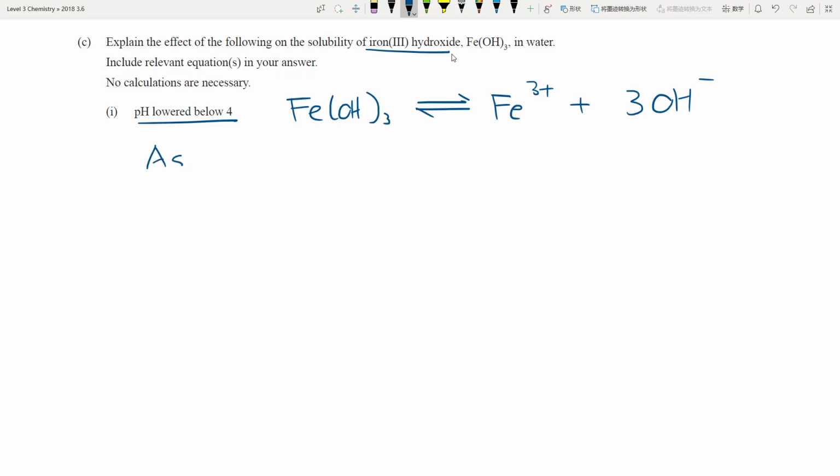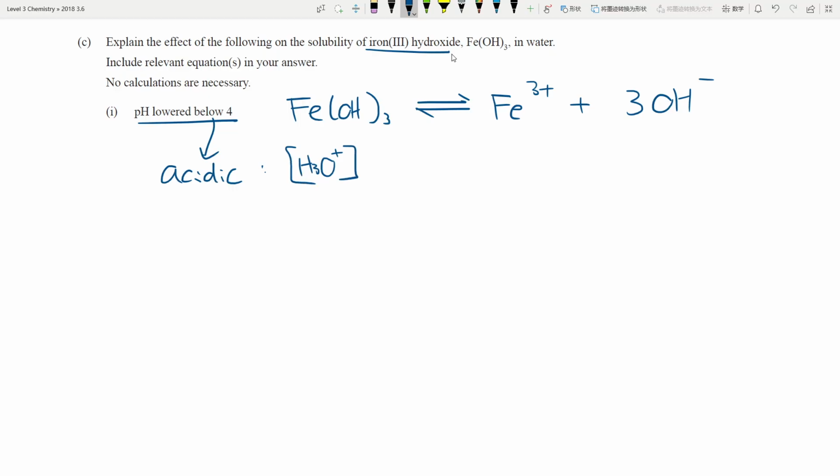As the pH is lowered below 4, that means it's an acidic solution. It's becoming more acidic. Which ion does it have when it's acidic? You have a high H3O plus concentration.